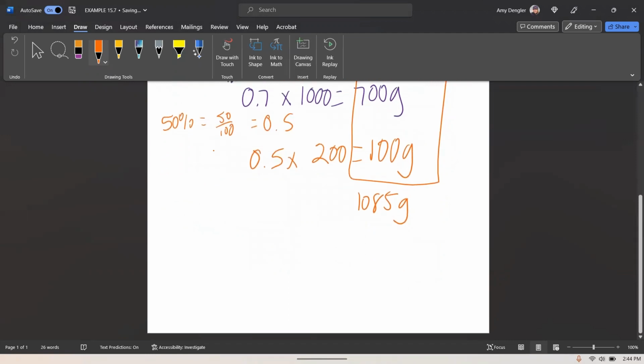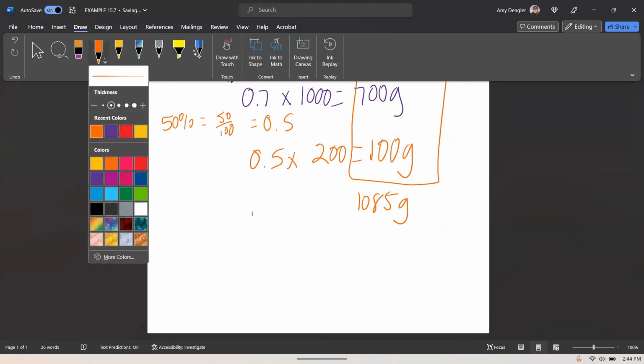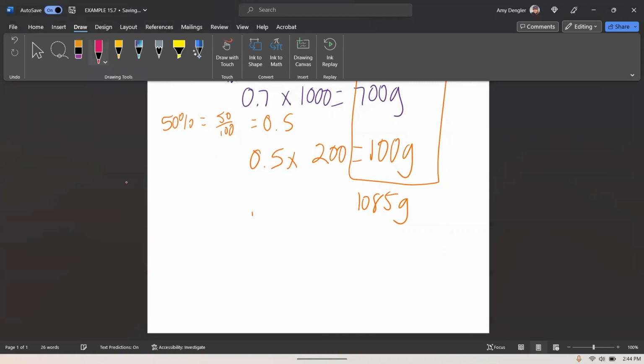So now what we need to do is place the total number of grams, 1,085, over the total amount in milliliters, which is 1,500 ml. And then we're going to times that by 100.